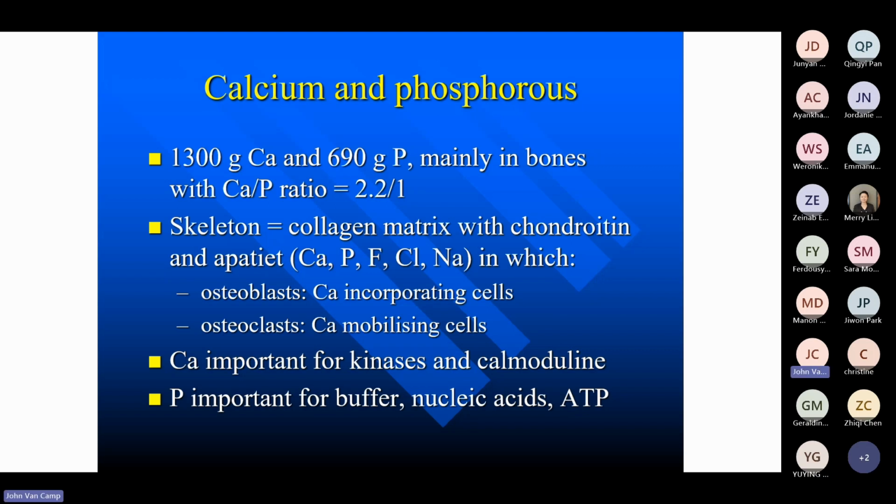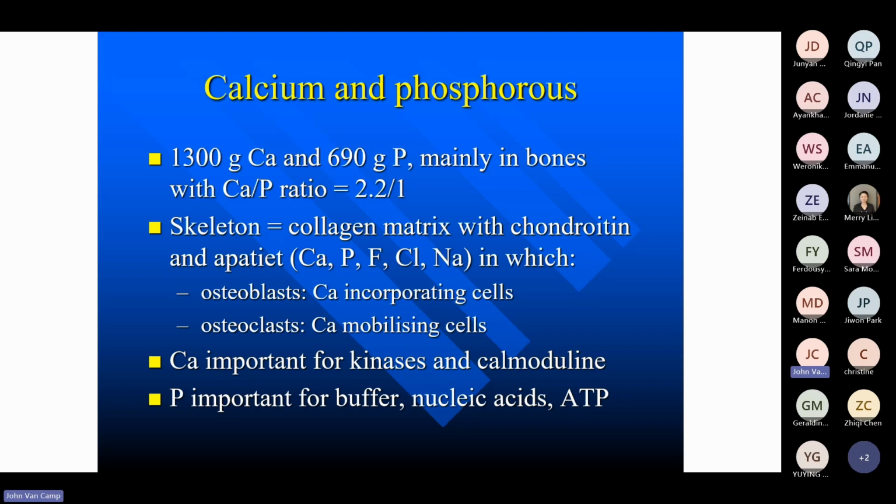The skeleton contains collagen with chondroitin and apatite. Apatite is a mineral composed of calcium phosphate, fluor, chlorine, and sodium. And there is a fixed proportion between calcium and phosphate, which is 2.2 out of 1. Inside the skeleton, there are two cells, the osteoblasts and the osteoclasts.